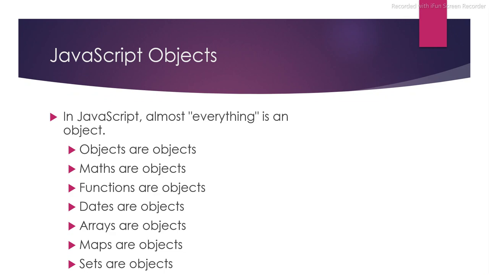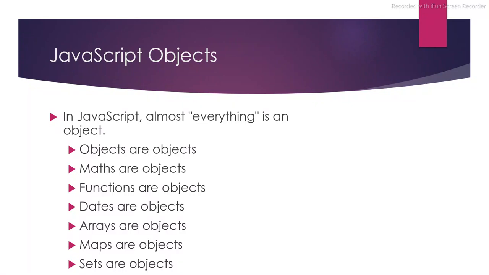Object means it should have properties and methods, or I can call them attributes and functions. When I say math object, it should have functions related to mathematical operations.